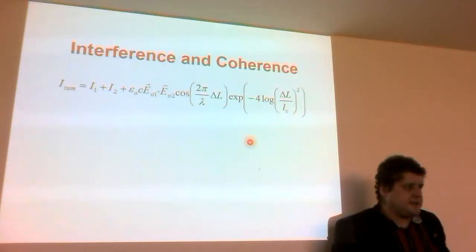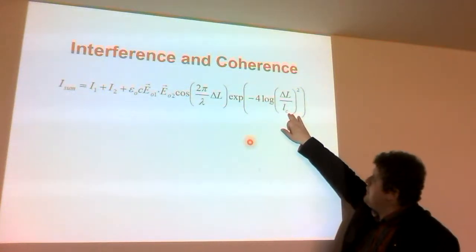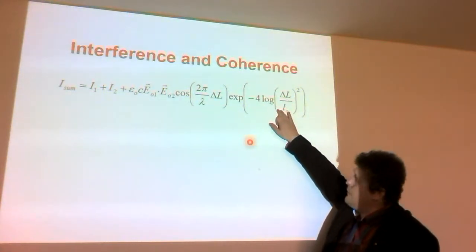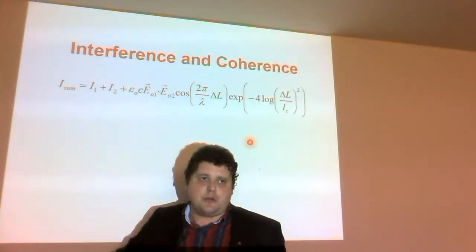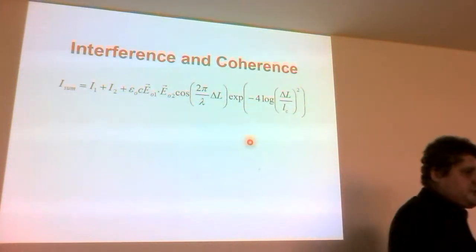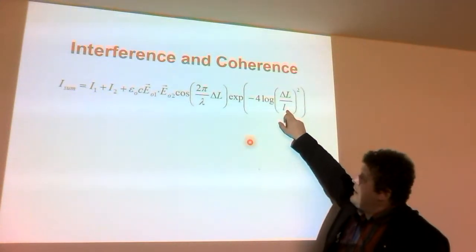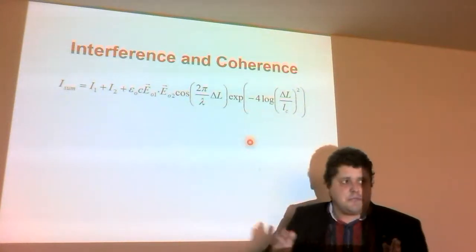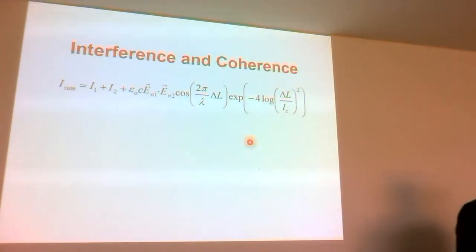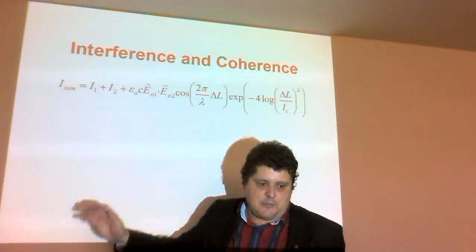If the coherence length is very small, this term becomes zero, and we have only the part that gives us the actual signal. But if it's long enough, this term will be close to unity, and thus we should seriously take into account the interference term.